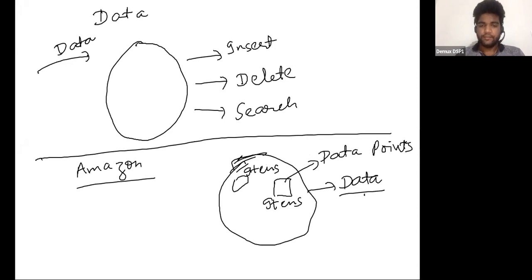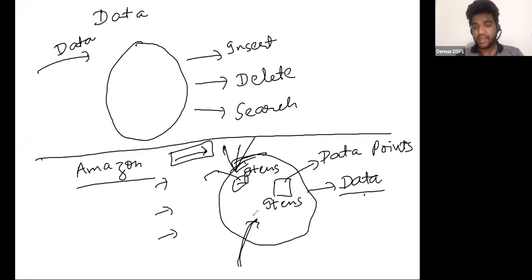And when you search on Amazon through some keyword, it retrieves data items that match the criteria you have specified in the search category. When you click on an item, it gives you more information about the data. Then when a new seller lists an item on Amazon, it has to insert that data in its database, right? When an item has already been sold, it has to remove that item from the database.